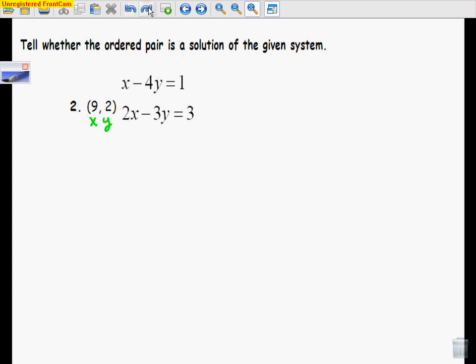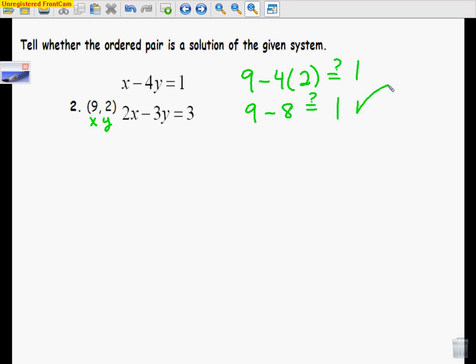So let's go into the first equation. So we have x is 9 minus 4y, y is 2. We want to know, does that equal 1? Well, let's try it out. So we know 9 minus 4 times 2 is 8. Does that equal 1? Yes, so it works in the first equation.